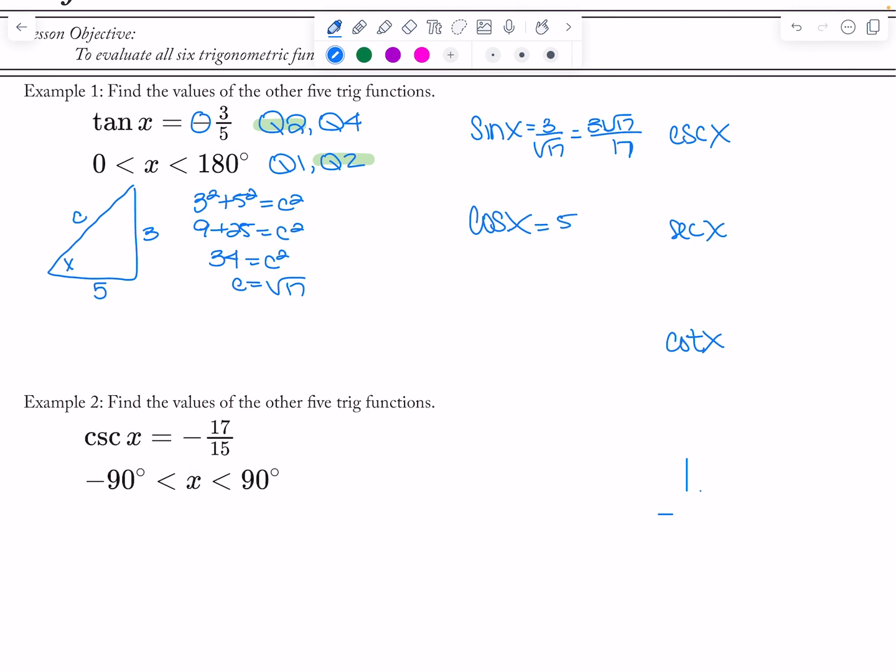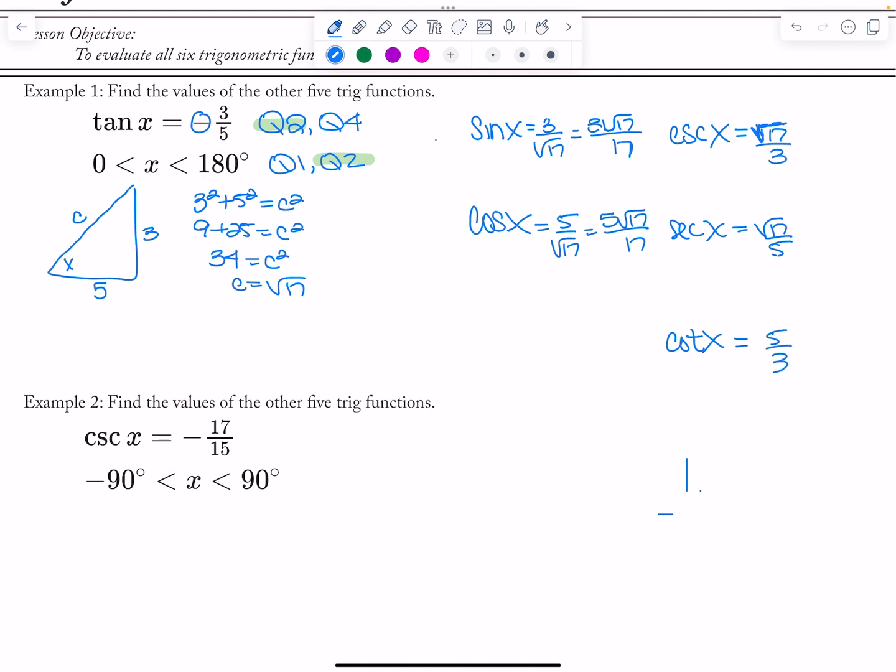Cosine will be 5 over root 34, which is 5 root 34 over 34. Then my cosecant will be the reciprocal of my sine, so that's root 34 over 3. Secant will be root 34 over 5, and then cotangent will be 5 over 3.